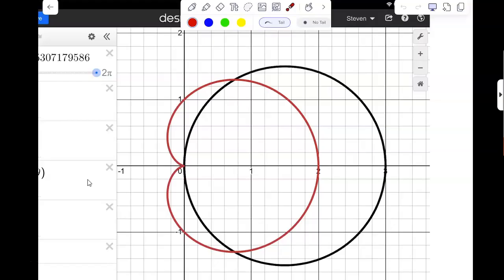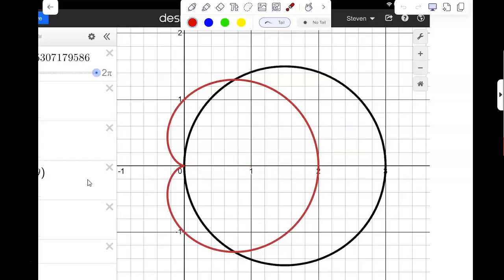Otherwise, we have to do it separately: work out the area of one piece, work out the area of the other piece, and then do their difference if they're not being graphed over the same theta values.